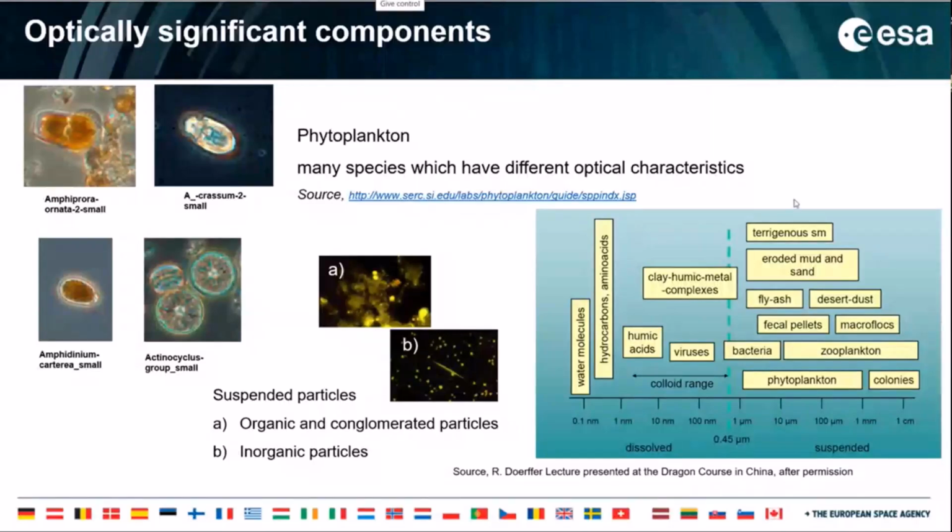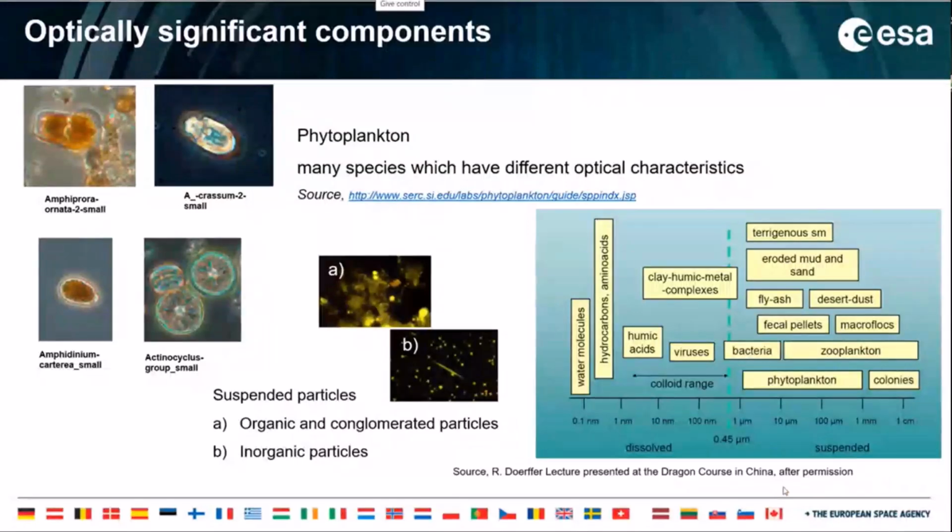If you look at it on a scale like in this figure, you would see that in the lab, you collect a water sample and put it through a 0.45 micron filter, and everything that goes through the filter is called dissolved organic matter, on the left side of the figure, and everything retained on the filter is suspended material.